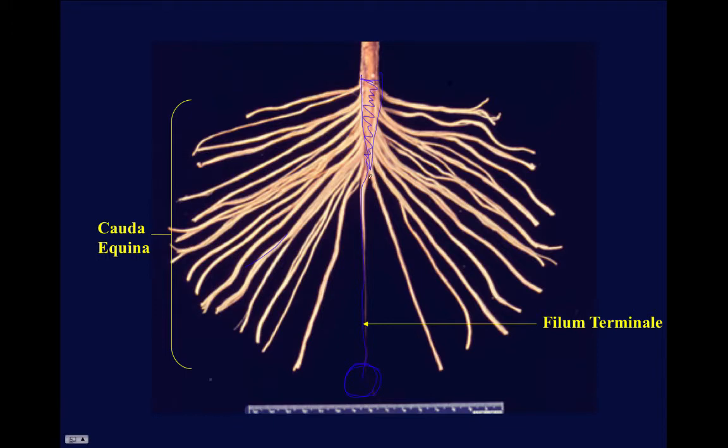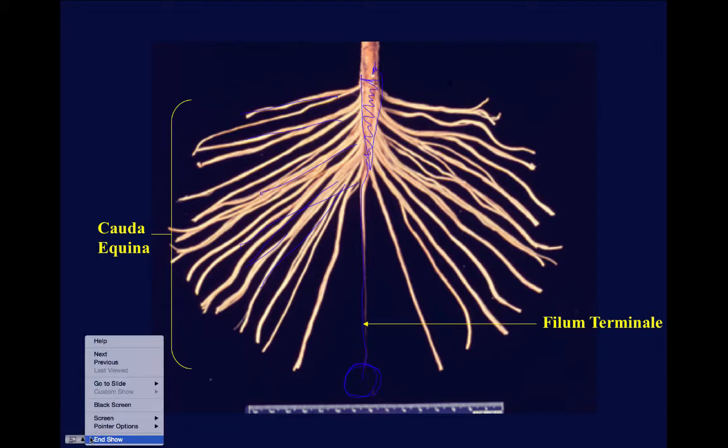And again, filum terminale is an extension of the pia mater that is the innermost covering of the spinal cord. Then you see cauda equina, the fanning out nerves, and cauda equina is then the tail of the horse. So cauda equina is running mostly through posterior sacral foramina to go ahead and service the posterior extremities.